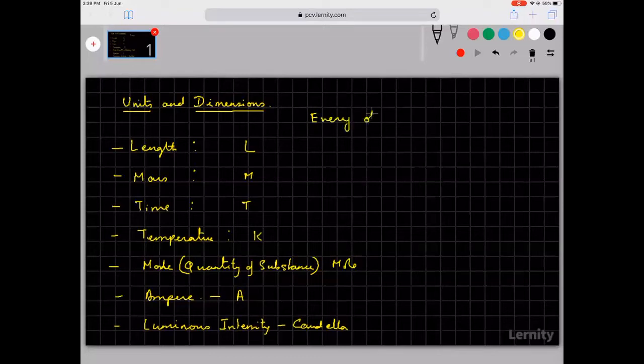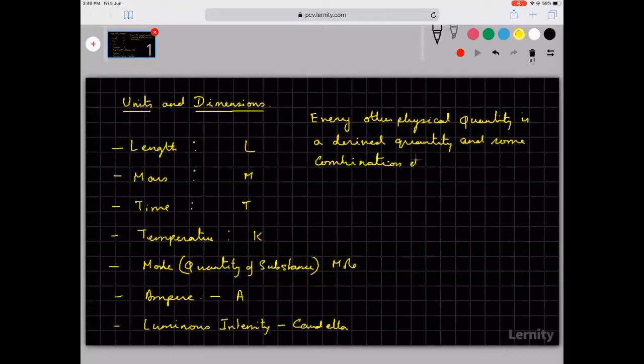Every other physical quantity is a derived quantity and some combination of these quantities.